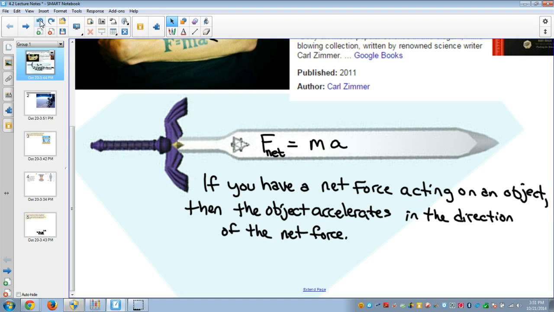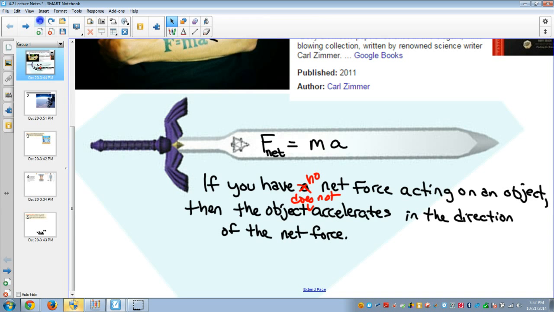And if I do the negative inverse, I think that's called like the converse, and then it's a bunch of weird discrete mathematics stuff. But I can also say if I have no net force acting on an object, then the object does not accelerate.